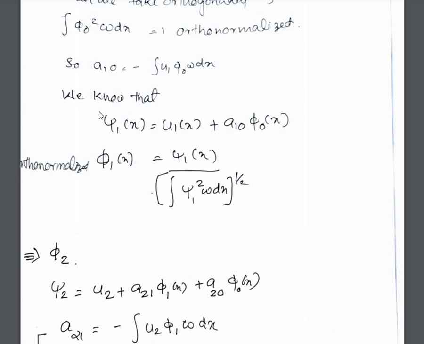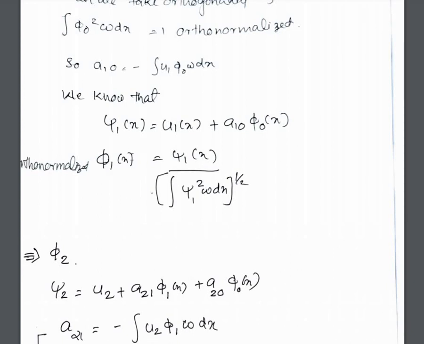From the orthogonal function psi 1 of x, we will get an orthonormal function phi 1 of x. How do we get the orthonormal function? That is the function divided by square root of N. So we will get the orthonormal function phi 1 of x is equal to psi 1 of x divided by integral psi 1 square w of x dx all raised to 1 by 2.